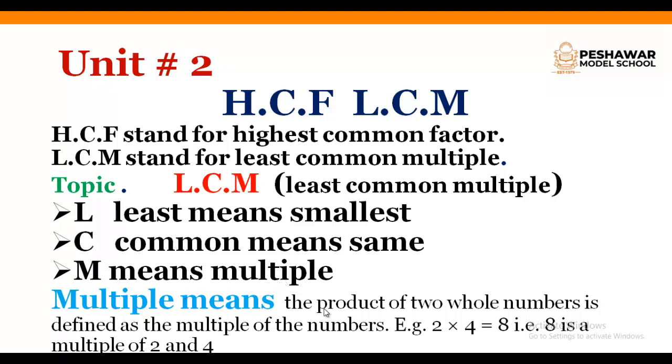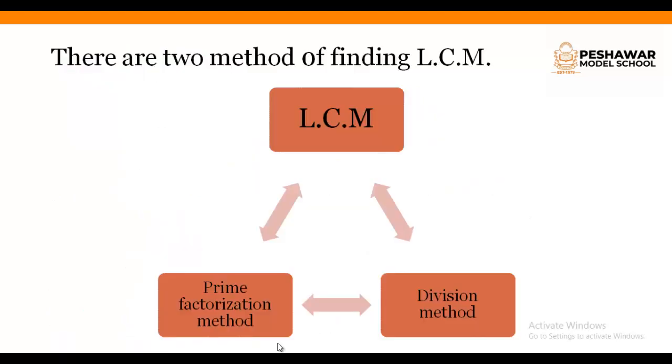Multiple means the product of two whole numbers is defined as the multiple of the numbers. For example, 2 multiplied with 4 is equal to 8. 8 is a multiple of 2 and 4. It means the product of the numbers is called multiple. You can say the end of the tables are called the multiples. Is that clear? So let's move to the next.